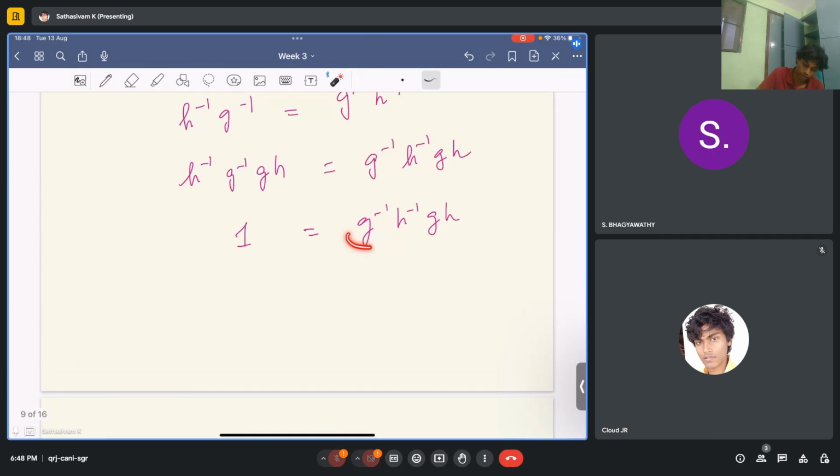So let's multiply this side by hg. Let's multiply here. So if you multiply, what you get? hg equal to hg g inverse h inverse gh. Okay. So if you look here, this will go out and this will cancel out. So what remains is gh.